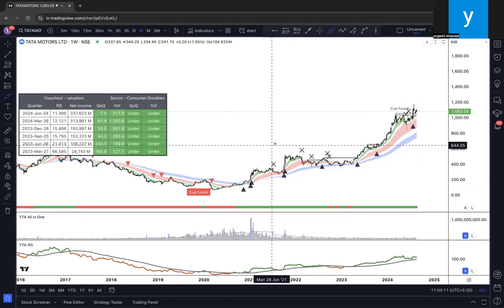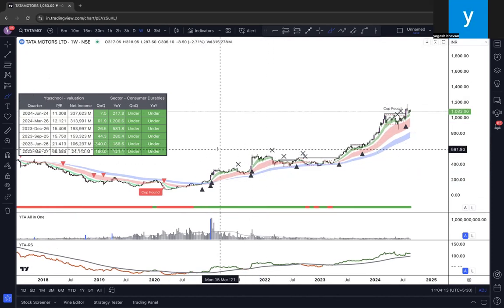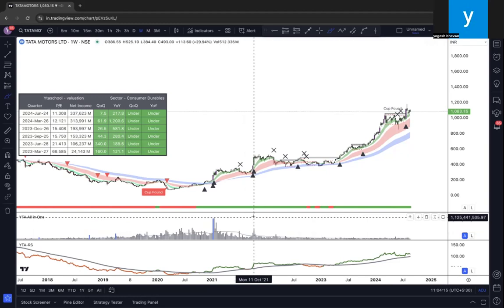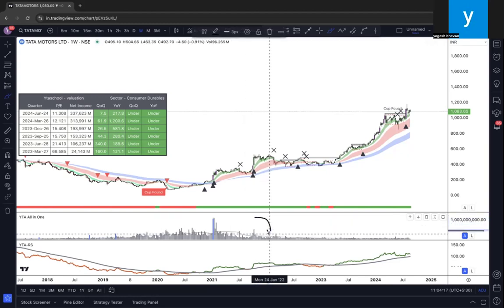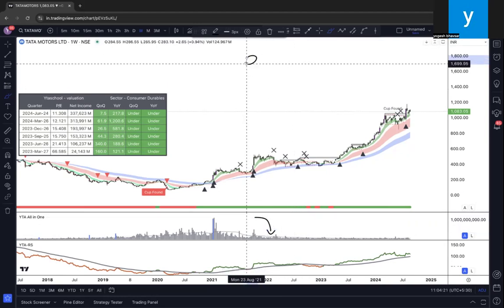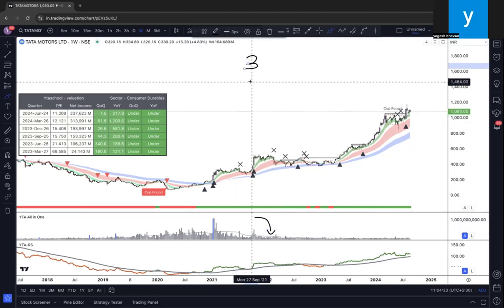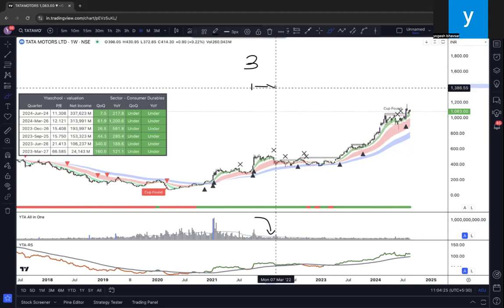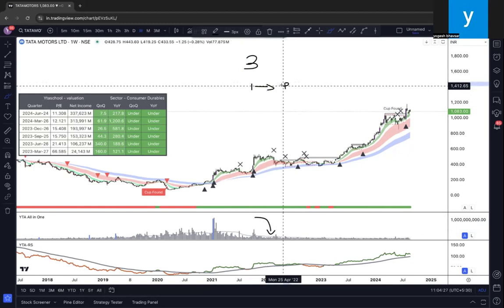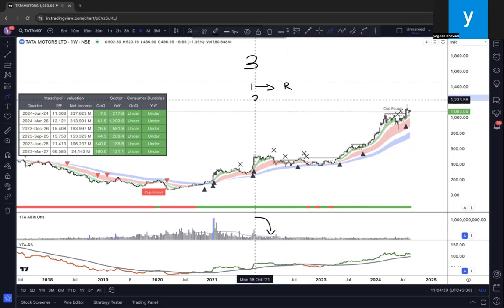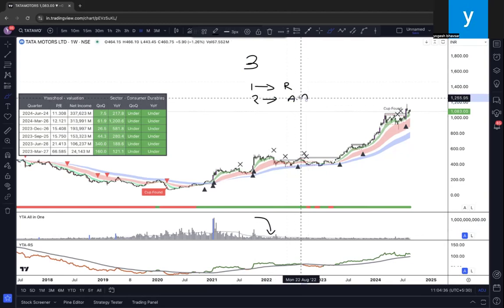Now, what happens over here? The other indicator is the volume indicator. My volume indicator is divided into three participants. One participant is the retail participant. The second type is above average participation.